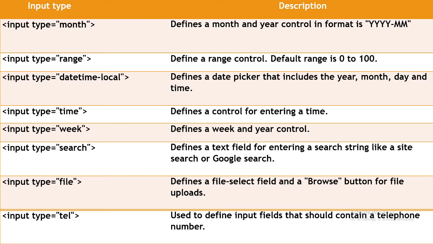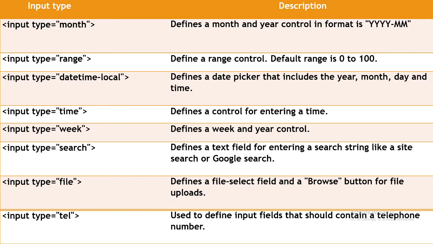Next field is input type is equal to datetime-local. It defines a date picker that includes the year, month, day and time. Next, input type is equal to time. It defines a control for entering a time.